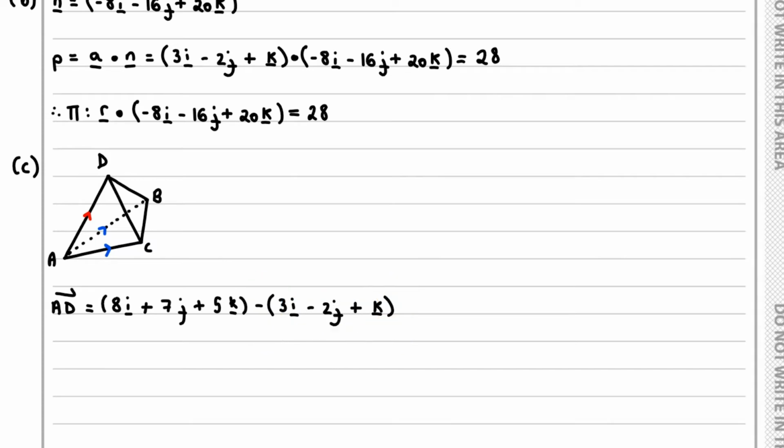If we find the result of these, we end up with 5i plus 9j plus 4k.